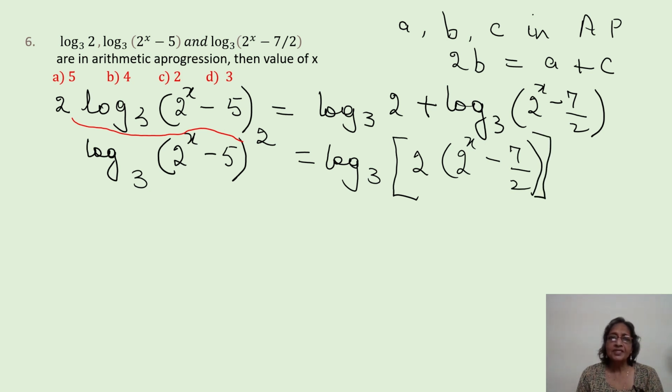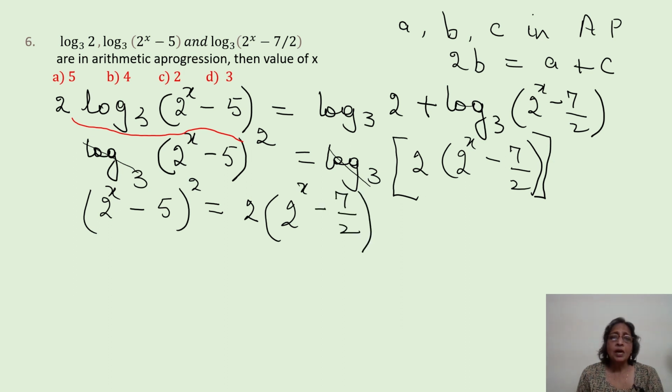Mentally, as we did, we just cancel this. So what I get here is 2x minus 5, the whole square, is equal to 2 into bracket 2 raised to x minus 7 upon 2. Now here, what we have done in indices earlier, maybe in your school days, let this be equal to some a.